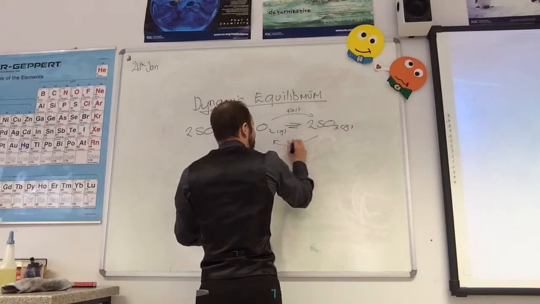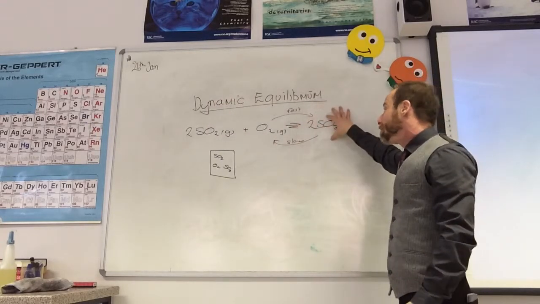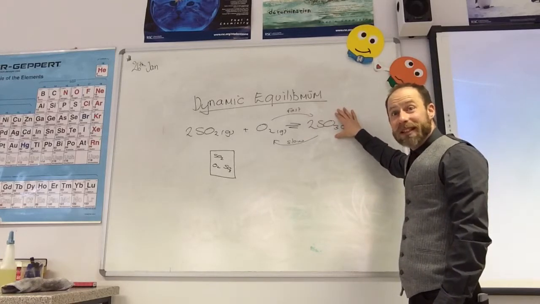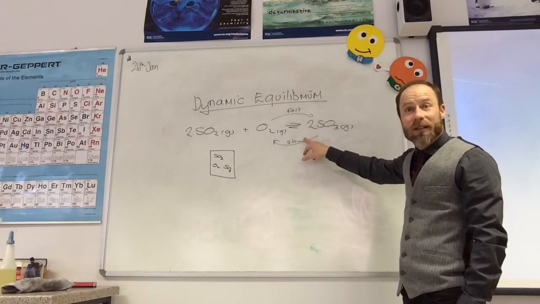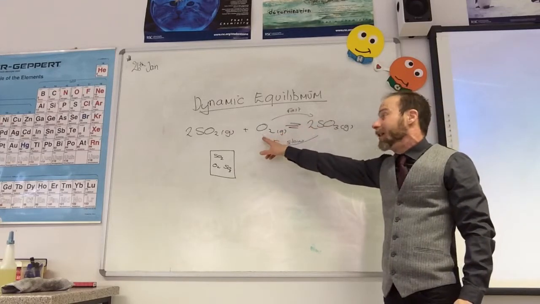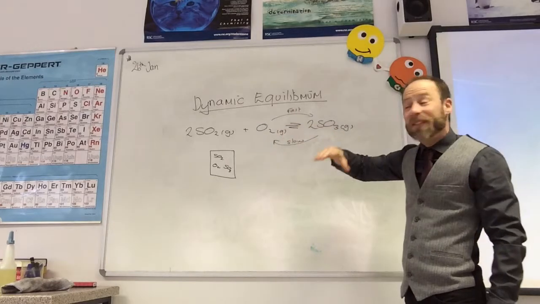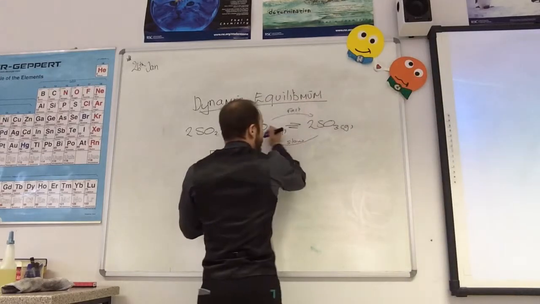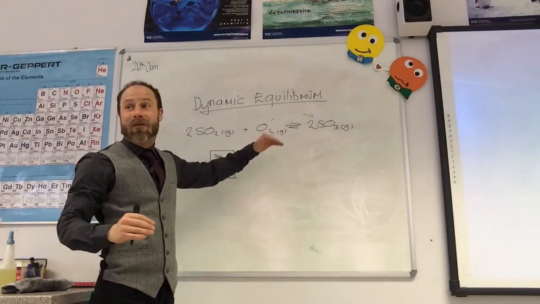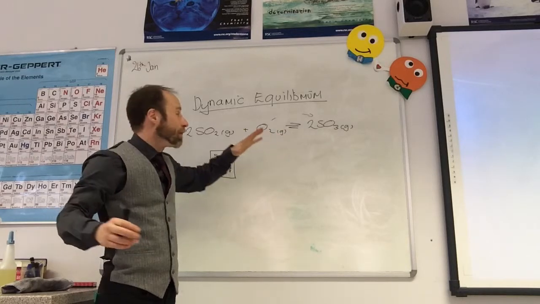and that is slow. But I'm making more and more of SO3. So the concentration of SO3 increases, so what's going to happen to this rate? It gets faster, and this one's going to get slower as that one gets. And eventually we reach the stage where the rate of the forward reaction is the same as the rate of the backward reaction, and that's when I've reached equilibrium.